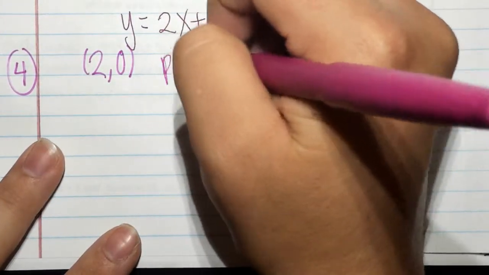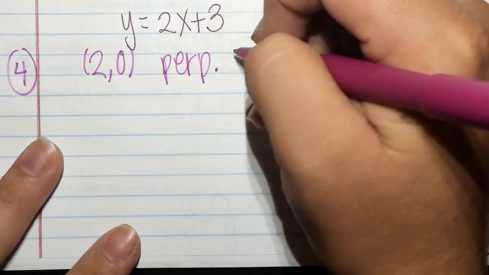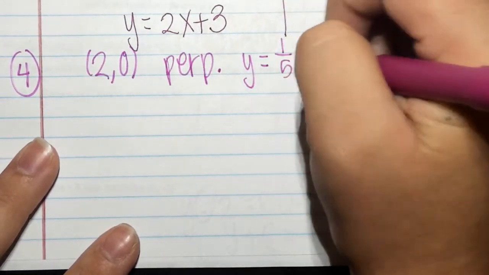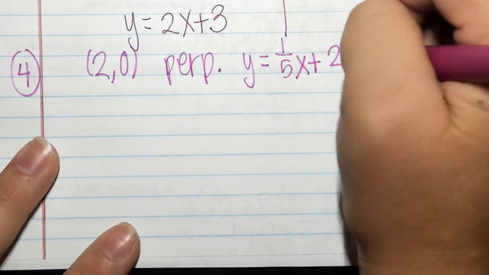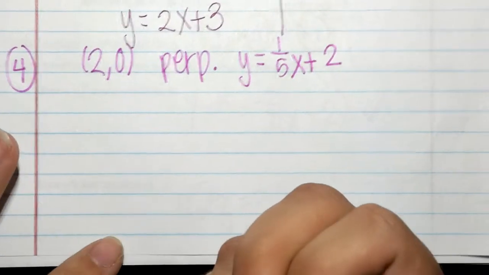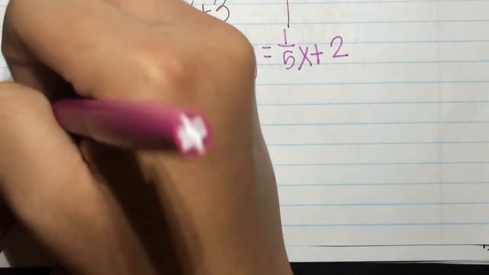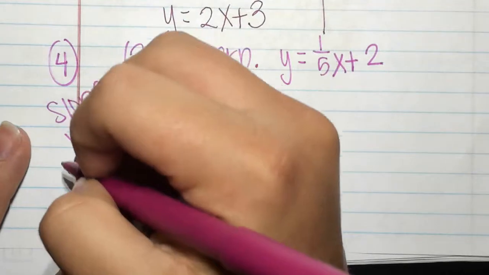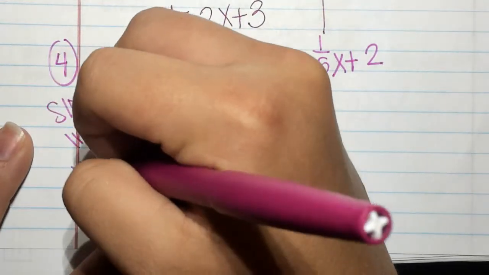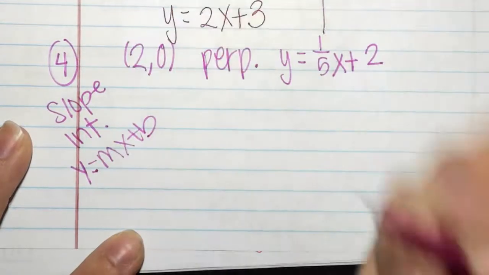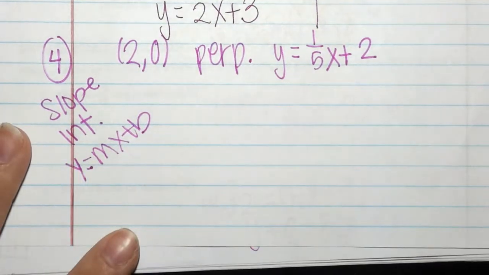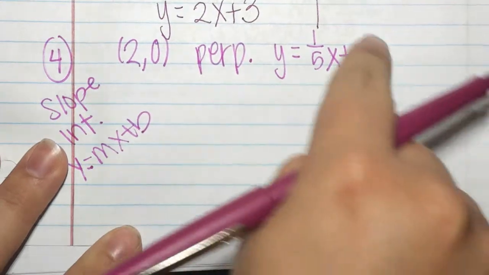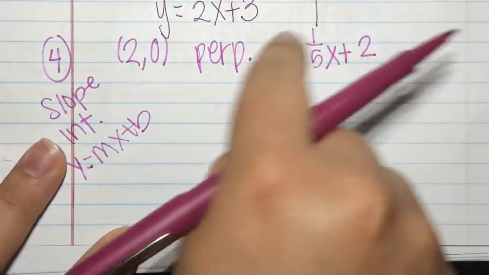However, it's perpendicular to the line y equals 1/5 x plus 2. So what I need you to do is in slope-intercept form, write me a line that goes through this point, but is perpendicular to this line.